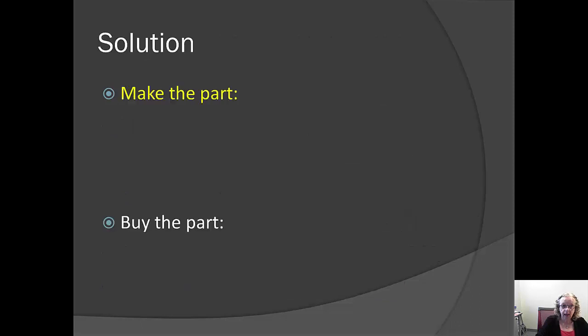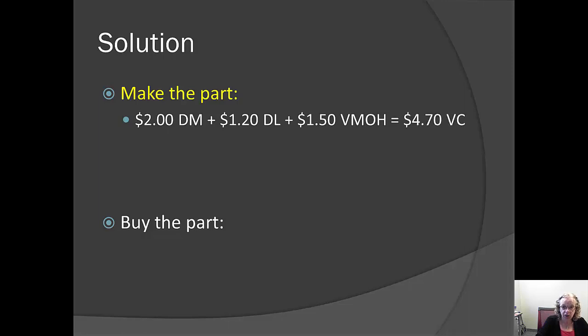Let's take a look at how to analyze this problem. If we make the part, our costs will include $2 per unit for materials, $1.20 per unit for labor, and $1.50 per unit for our variable overhead. That's $4.70 per unit.